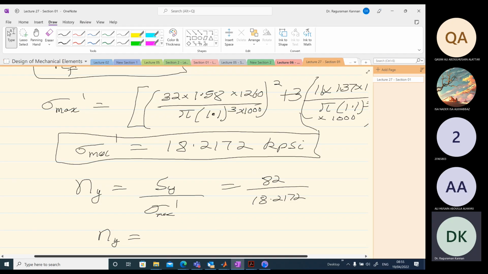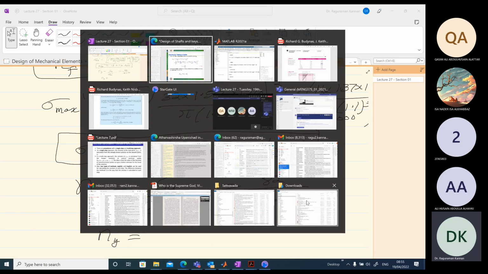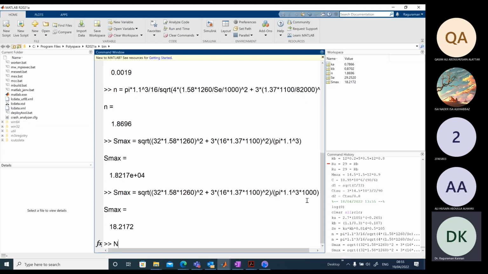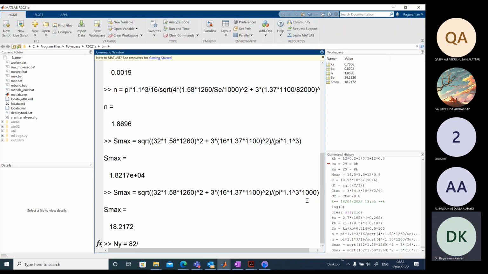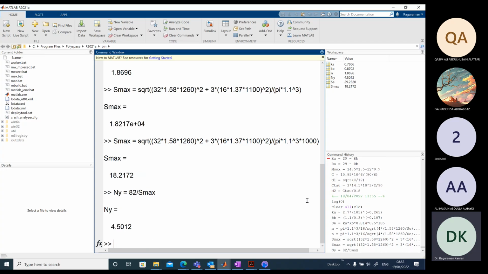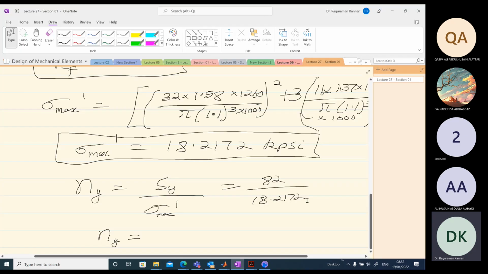Okay, so let's see. Go to the MATLAB, and yield factor of safety is going to be 82 over sigma max prime, 4.5012.